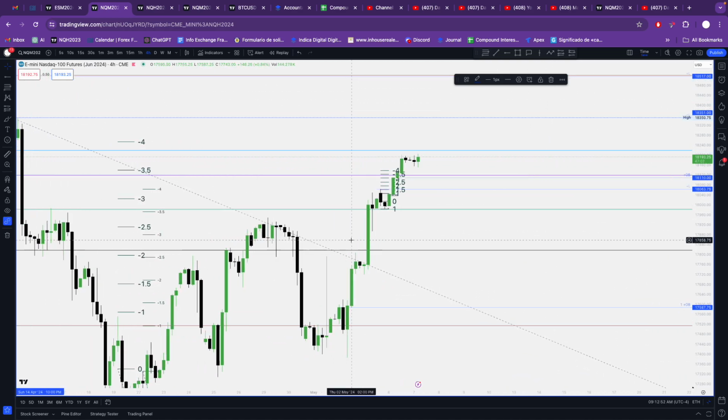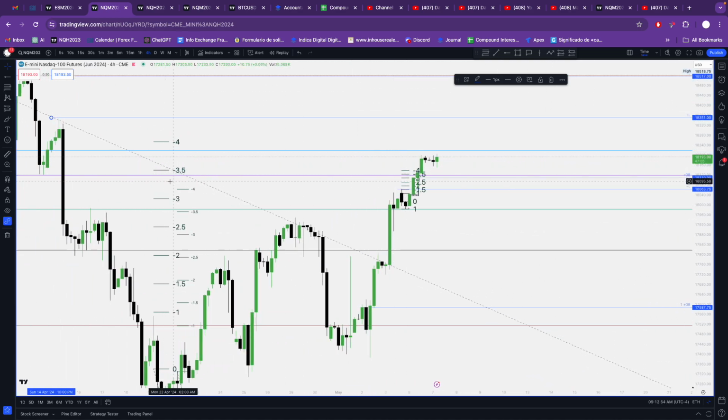Now looking more closely over here, we have a fair value gap again that we're digging inside of, and we also have this fair value gap here on the 4 hour that it looks like we tapped into a few times. All right, let's look at the hourly.